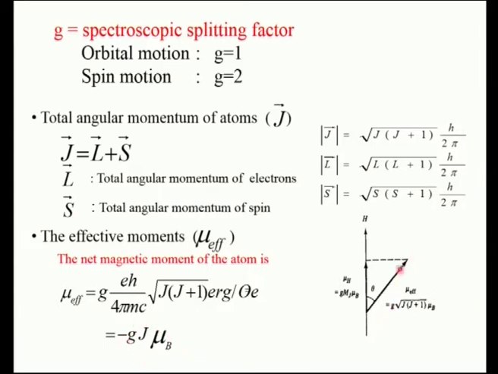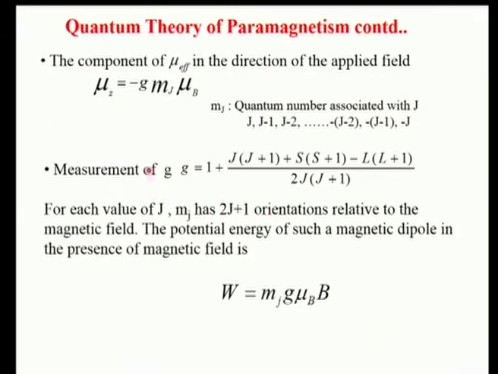This is a schematic diagram representing the orientation of this mu effective with respect to the field. Then mu s is this, and g also has an expression like this in general, and we can write mu finally in terms of this.